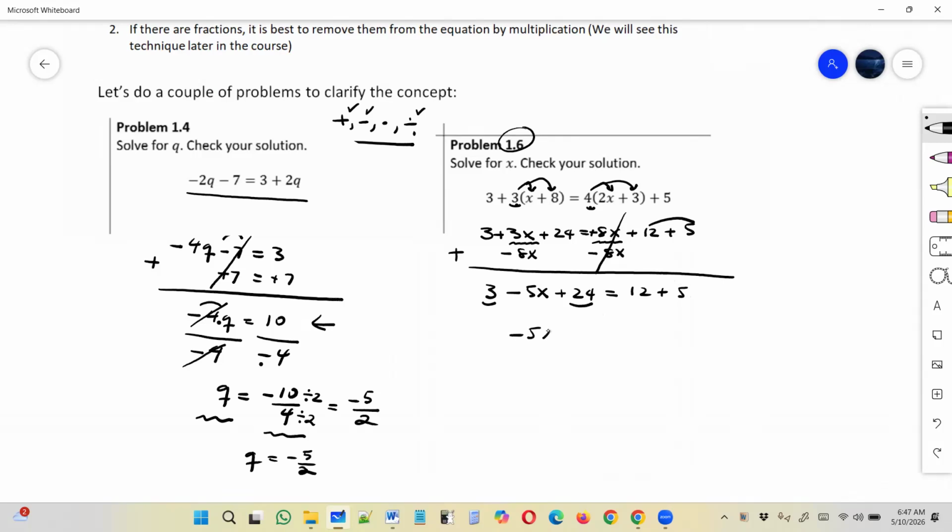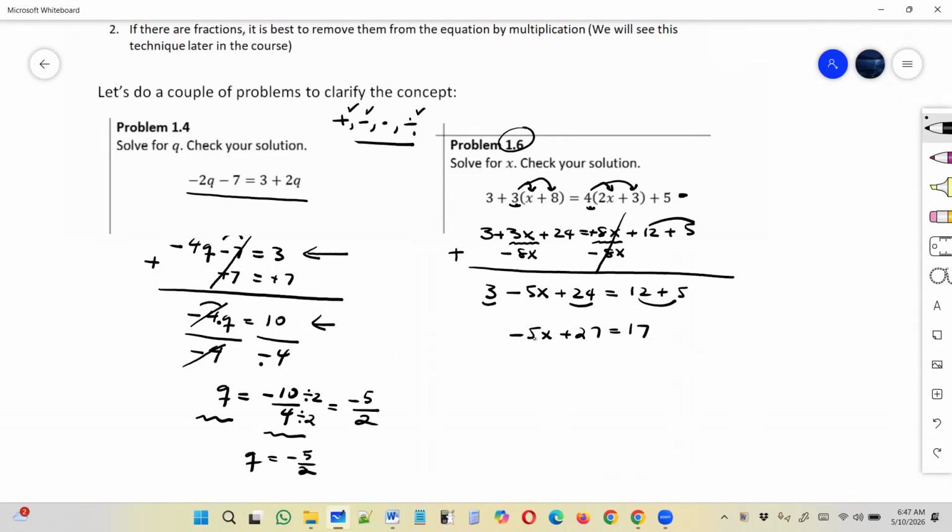So I'm left with negative 5x plus 27, and I'm going to add those two. And now it's pretty much similar to what I had over here, right, in 1.4. It is the same equation as the one we started, but it's much simpler because we've combined and rearranged terms.